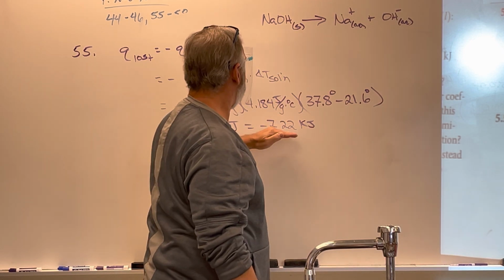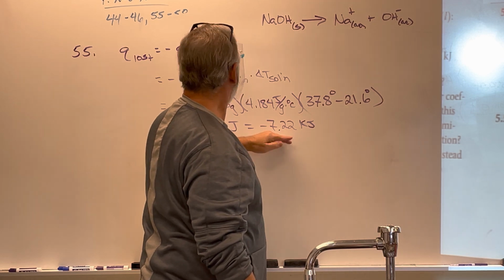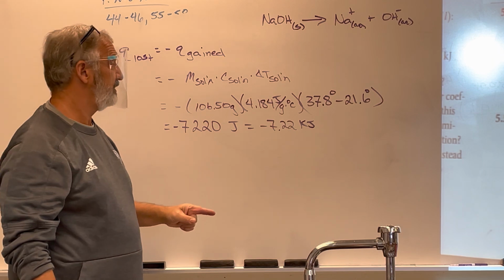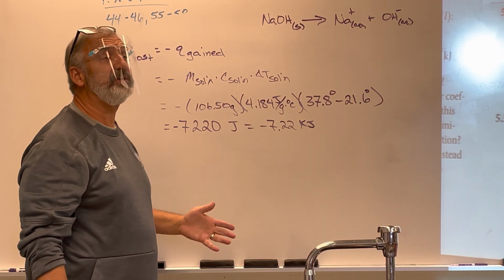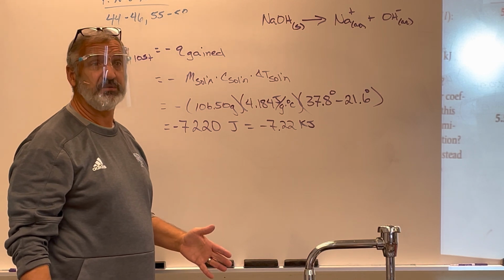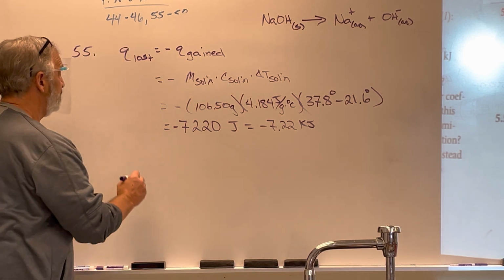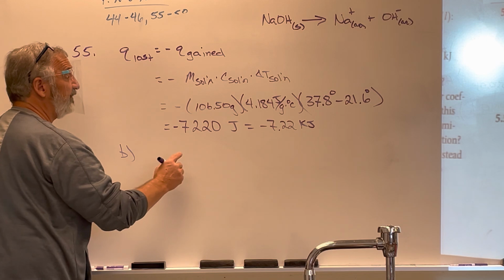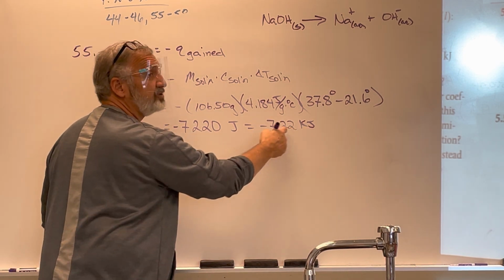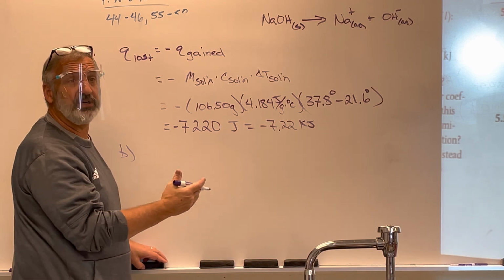So this delta H right here is per how much? Mole of reaction. No. Well, how much sodium hydroxide? 6.5 grams. Okay? So when we're doing this now, my conversion factor now is negative 7.22 kilojoules per 6.5 grams.